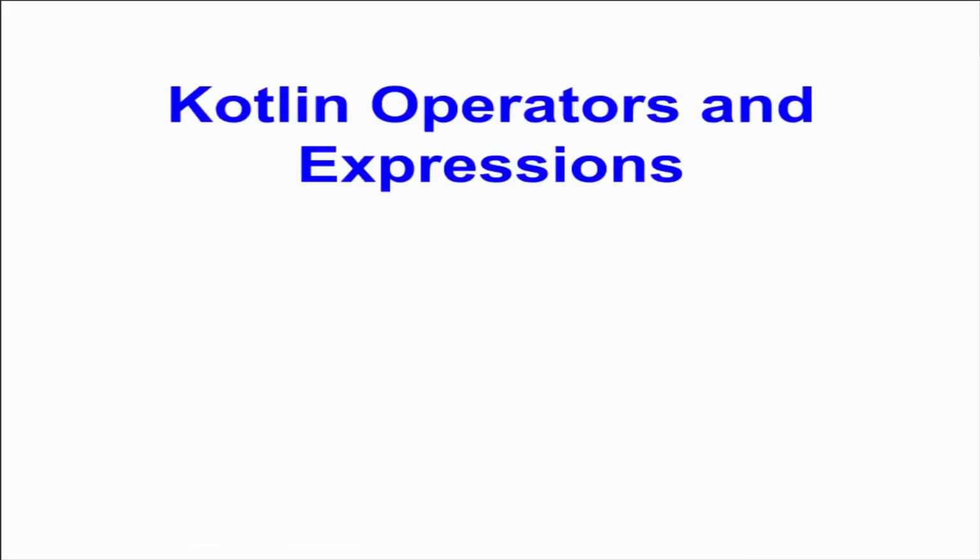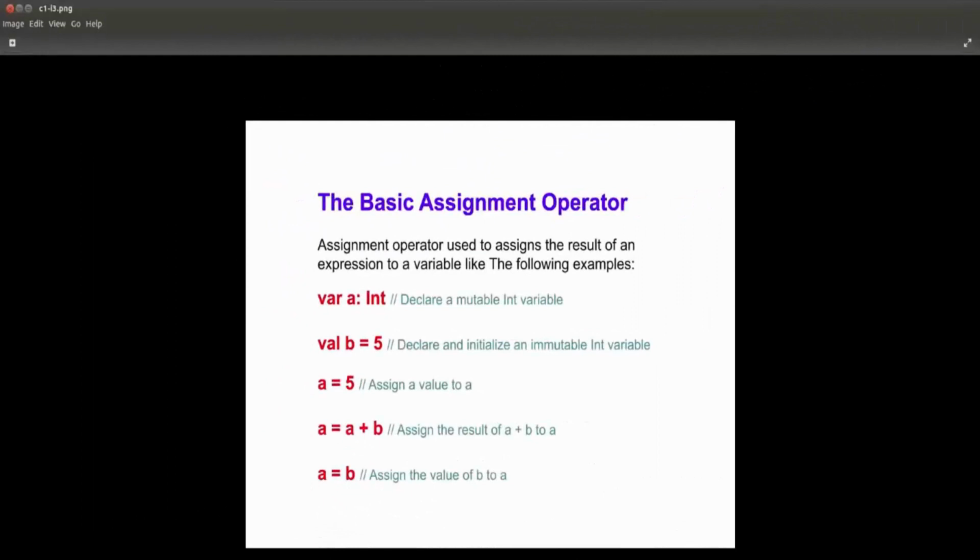Kotlin operators and expressions. Okay, now let's talk about assignment operator. Assignment operator is used to assign the result of an expression to a variable, like the following examples. The first example, variable a, type of integer.